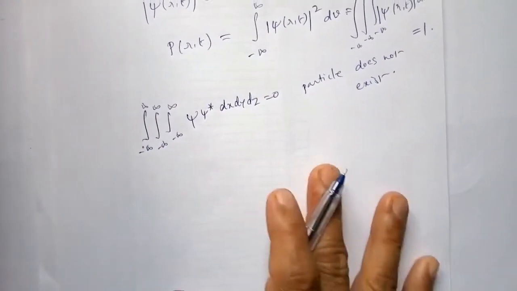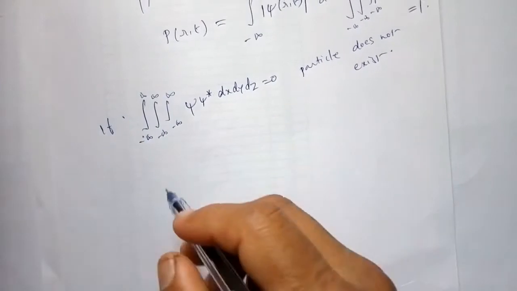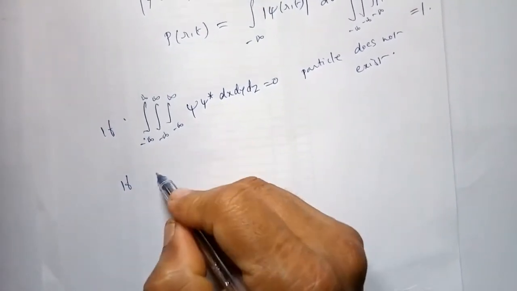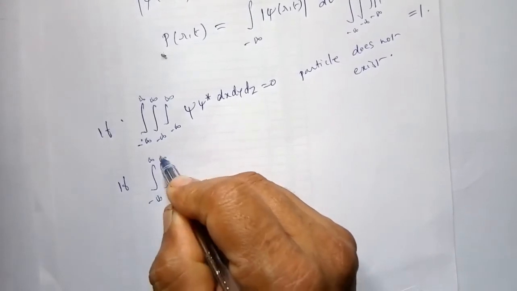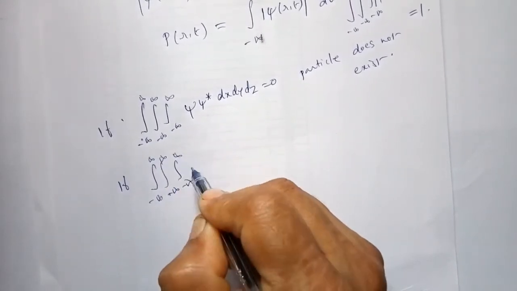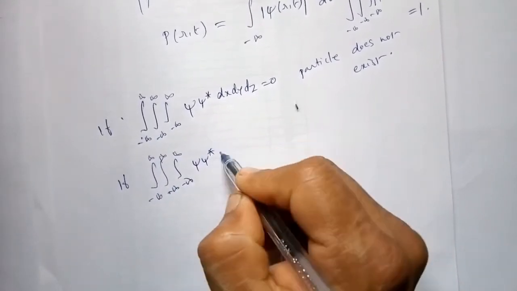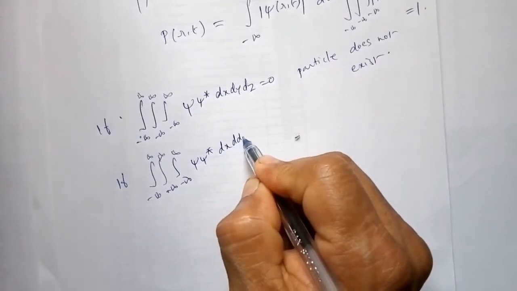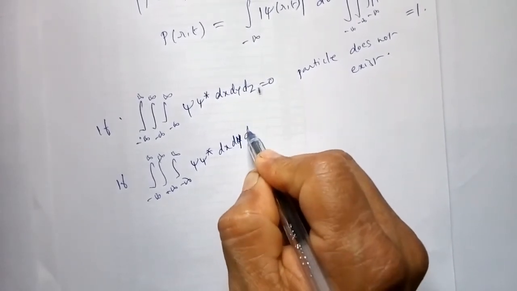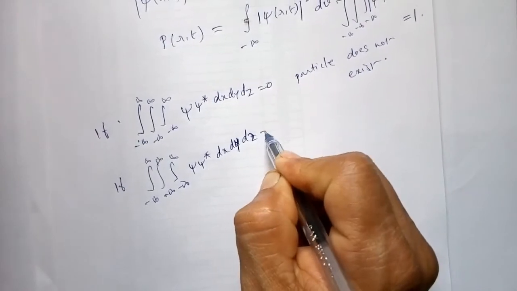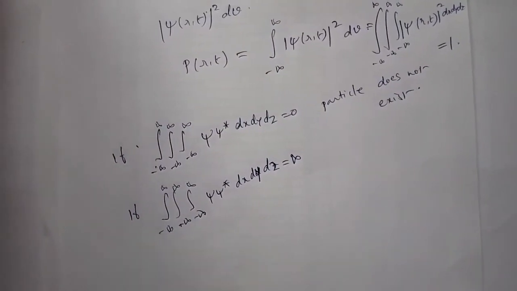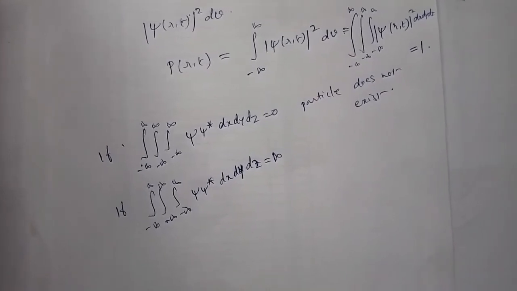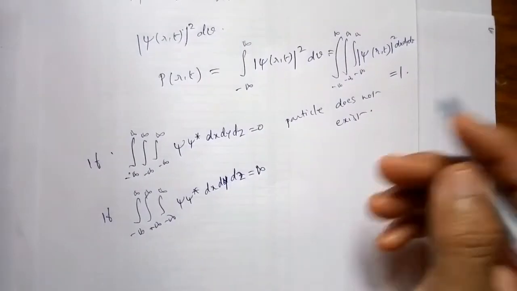And suppose the same integral of psi star psi dx dy dz is equal to infinity, the meaning is the particle is everywhere simultaneously.